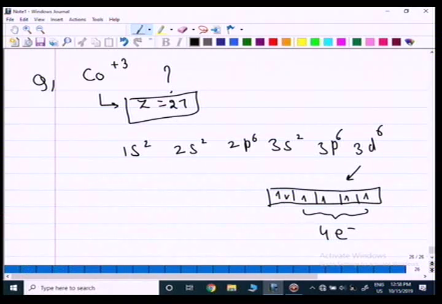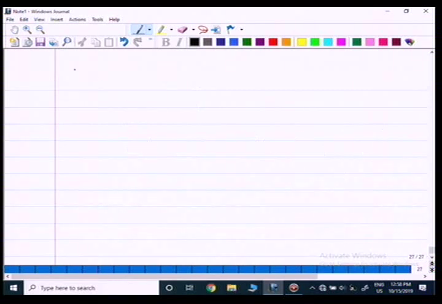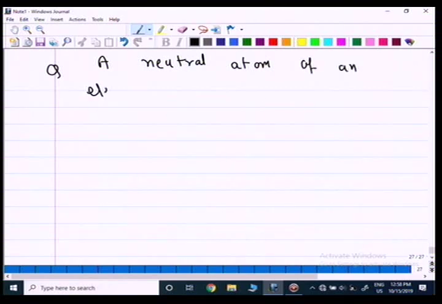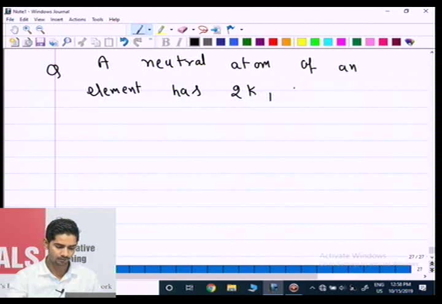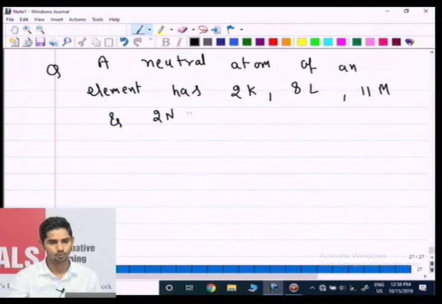Okay. Next question for you. A neutral atom of an element has 2K, 8L, 11M and 2N electrons.